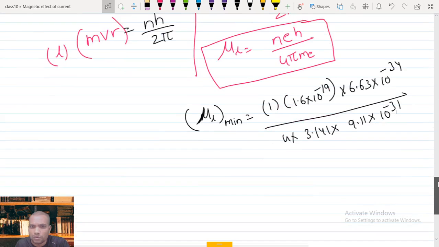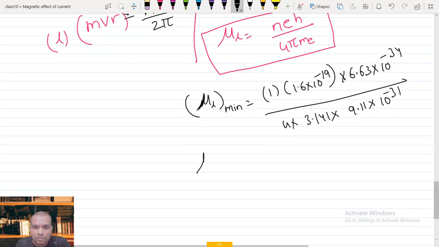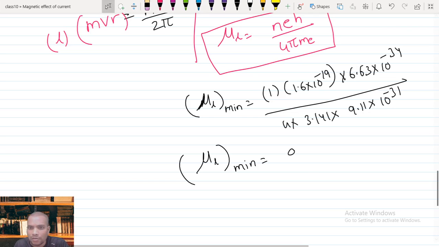If you do this calculation, we get that the minimum orbital magnetic moment value equals 9.27 times 10 power minus 24 ampere meter square.